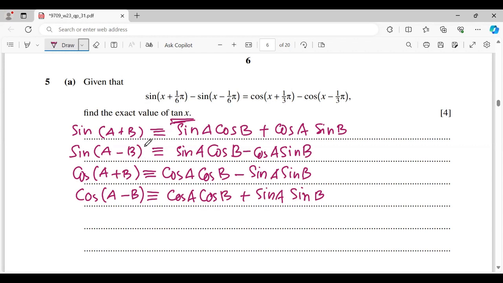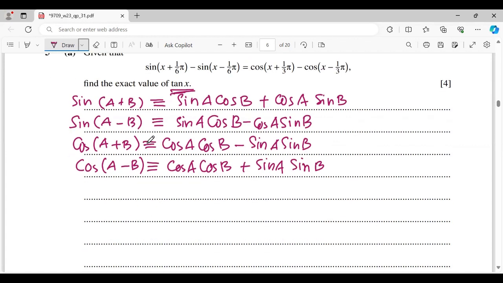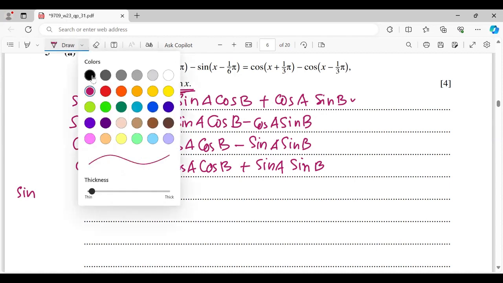Based on this information, I'm going to find this first. I'm going to apply it to sine of x plus 1 over 6 pi. It's better if I use another color.